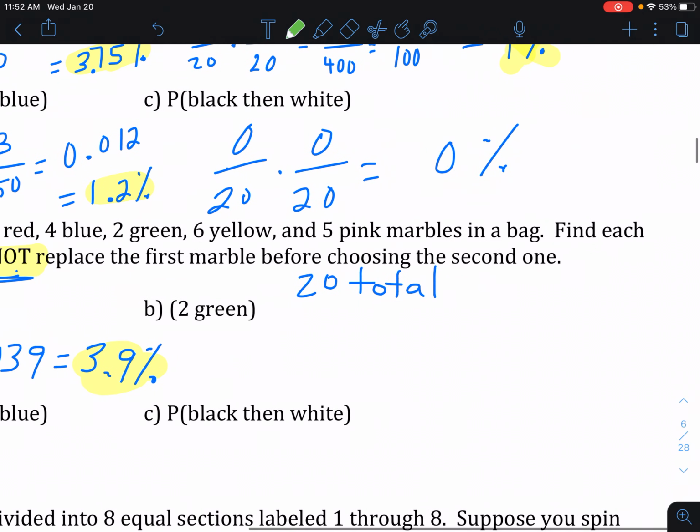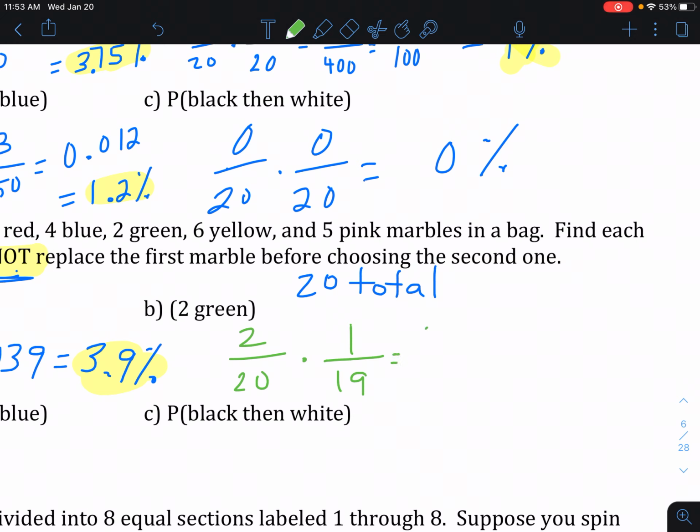Letter B, what's the probability of getting 2 green? Again, I do not have replacement. So the first green, you're just starting over. 2 out of 20. Times, now it's going to get tricky. There's 19 marbles left. You assume that your first one was a green. So don't put a 2 on top. You assume that you have 1 less green. So that would make 1 green left over.